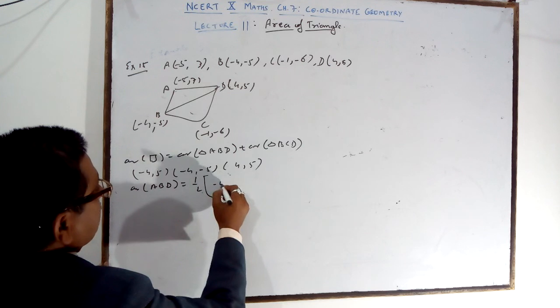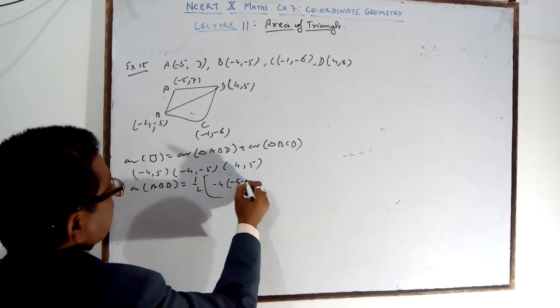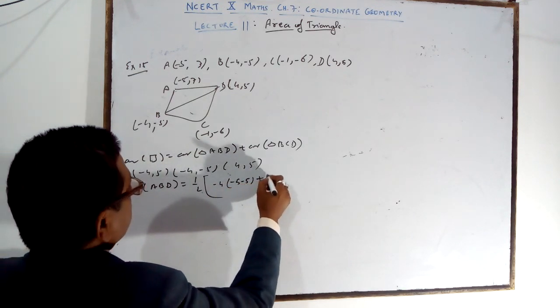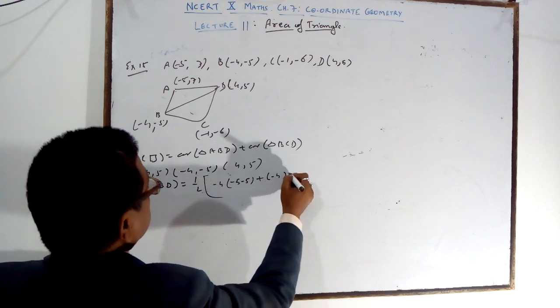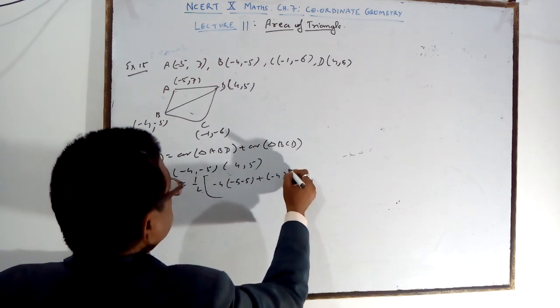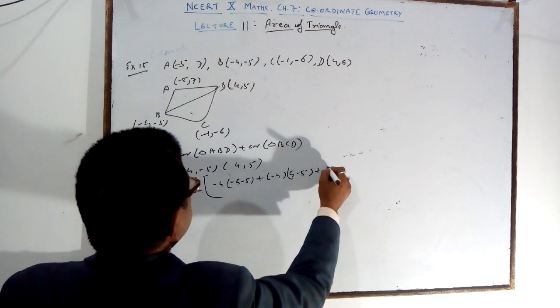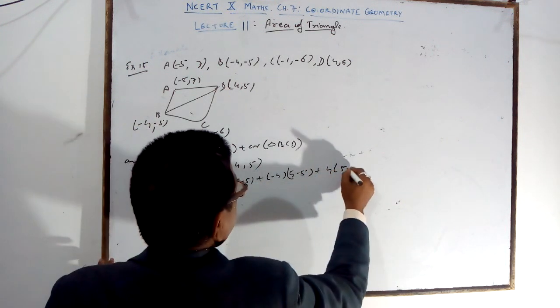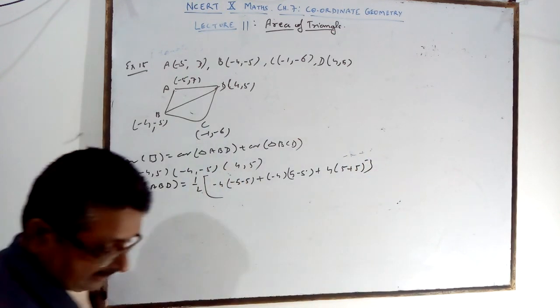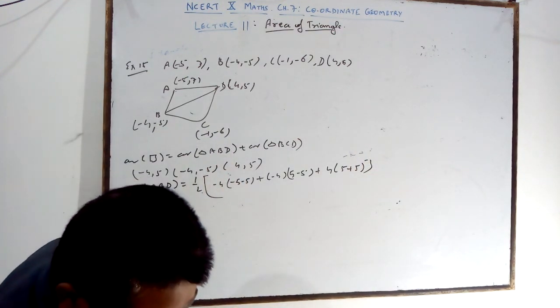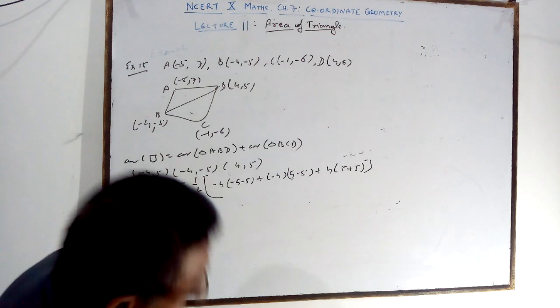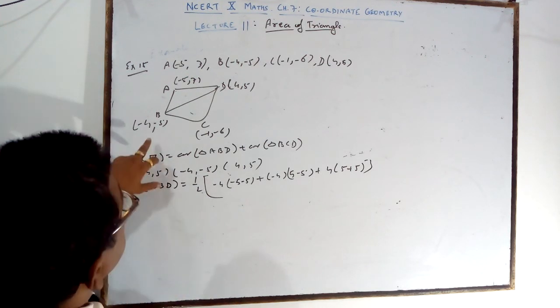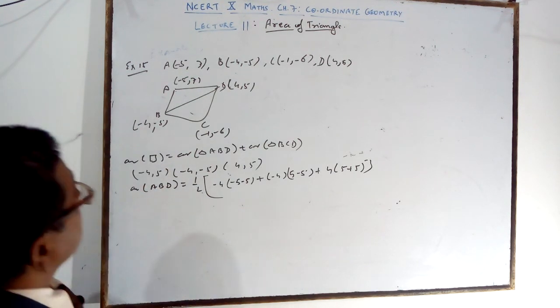Apply the formula like this to get ABD. What is the formula given?